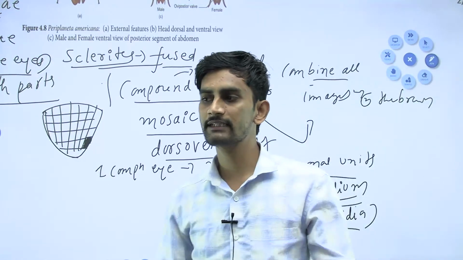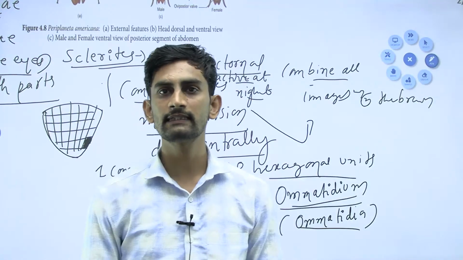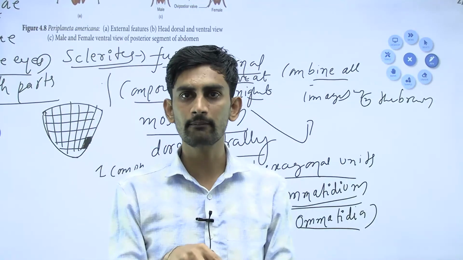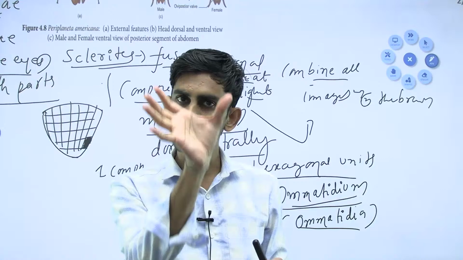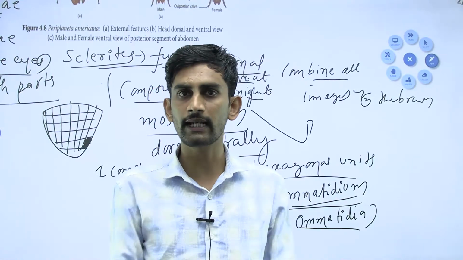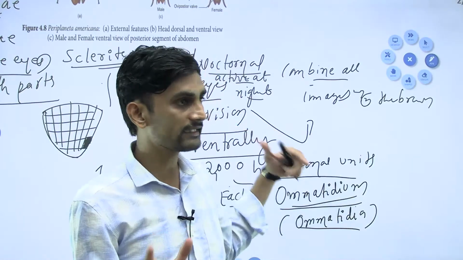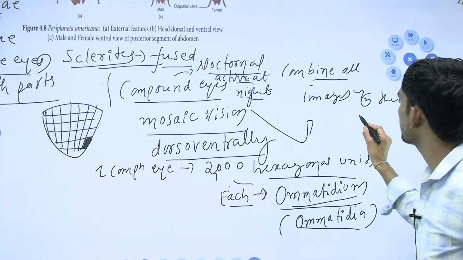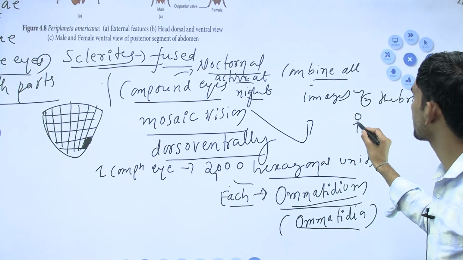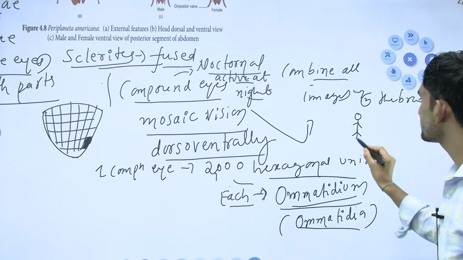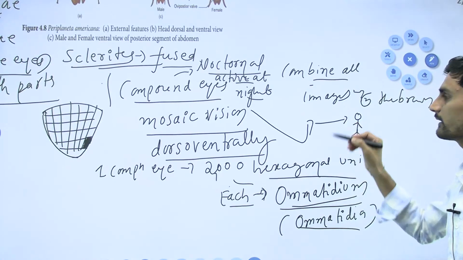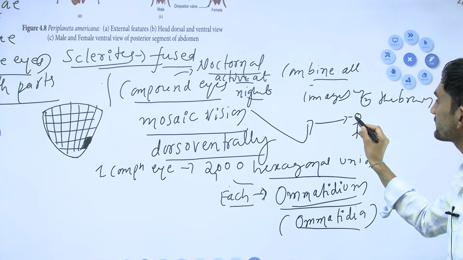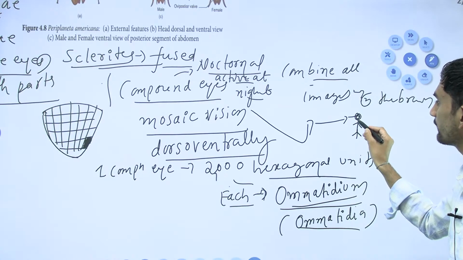Sir, what is meant by all images? For example, any photo frame comes in front of you; you directly observe the whole object at a time. But not like that in these organisms. For example, if any object is here and the cockroach wants to observe it, first they observe one small image, the head.